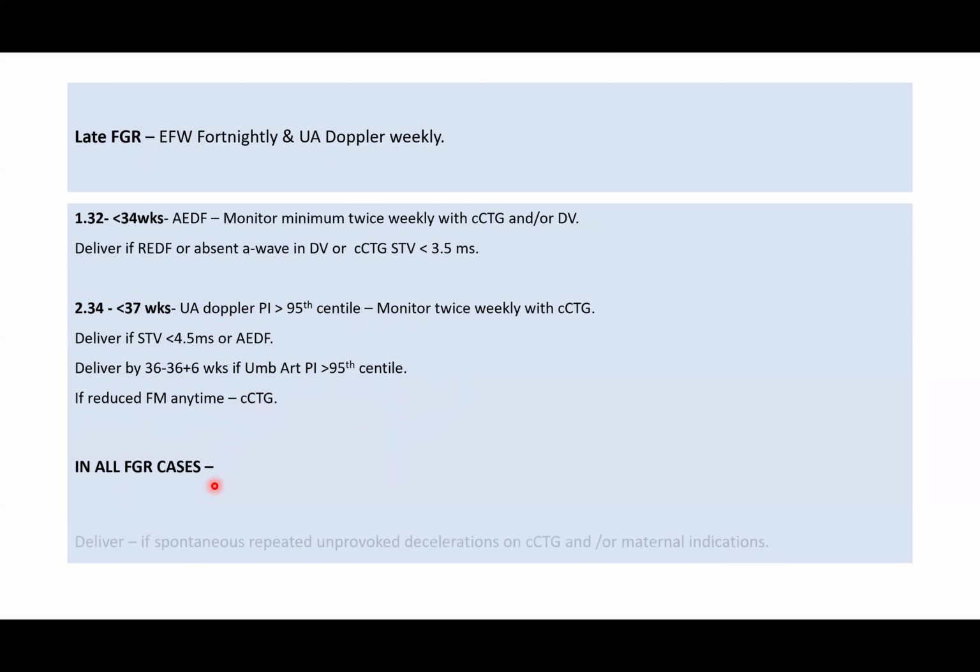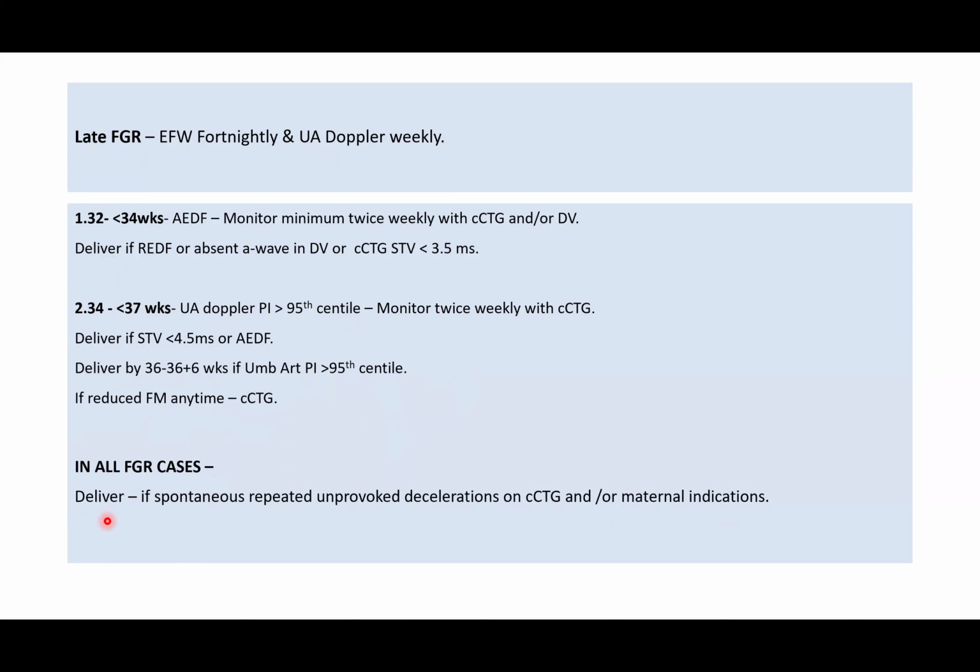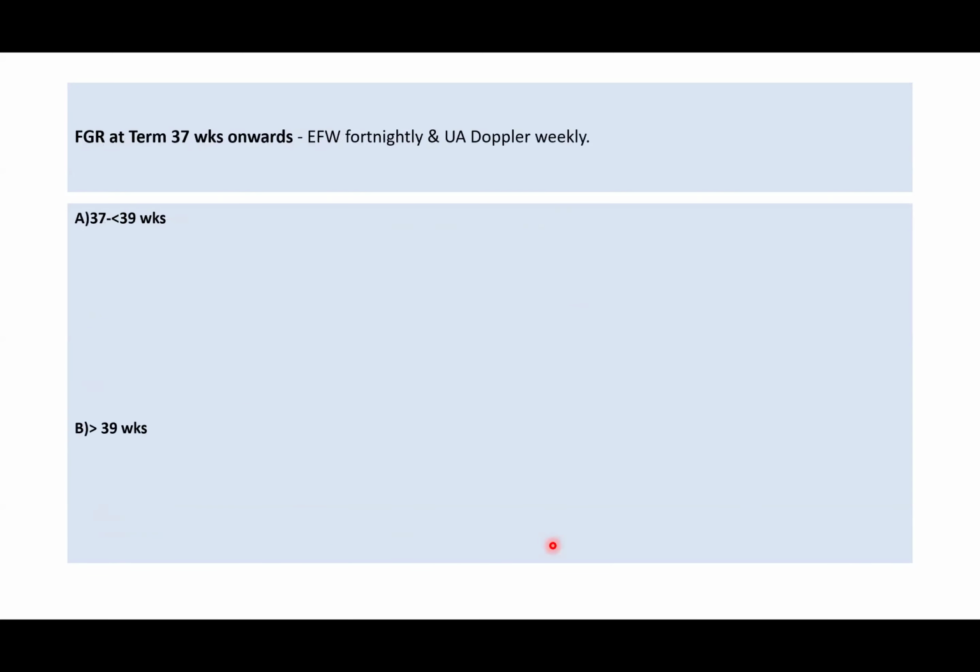Now, in all FGR cases, we will deliver if spontaneous, repeated, unprovoked deceleration is present on CTG and or maternal indications like bleeding or high blood pressure are there. Birth should be initiated from 37 weeks and completed by 37 plus 6 weeks. So in all FGR cases, we have to deliver by 37 plus 6 weeks, whereas in all SGA cases, we should deliver by 39 plus 6 weeks.